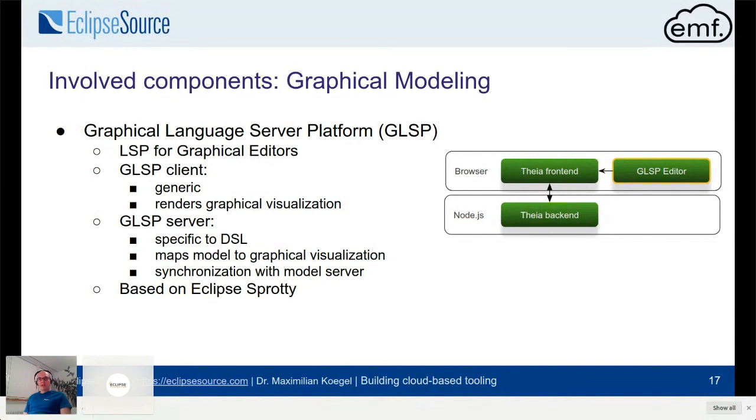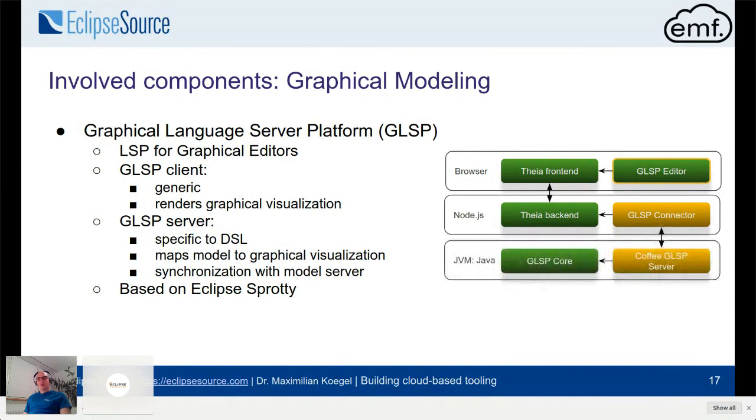Now, when you open up an editor, the GLSP editor will connect to a backend extension of Theia. This is the GLSP connector. And the GLSP connector is responsible for launching a GLSP server whenever such a file is opened, and to tell the GLSP server which file it needs to open.